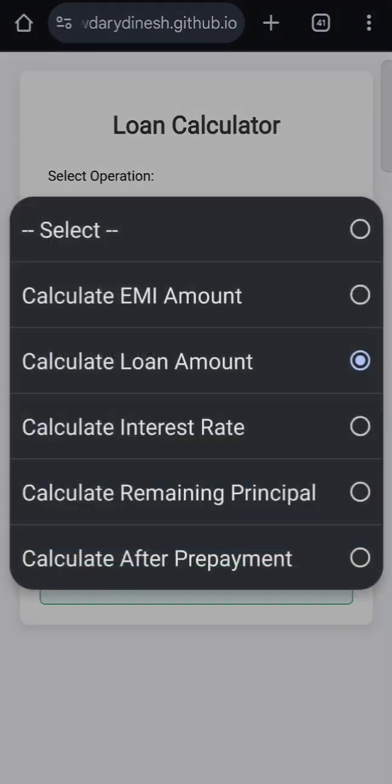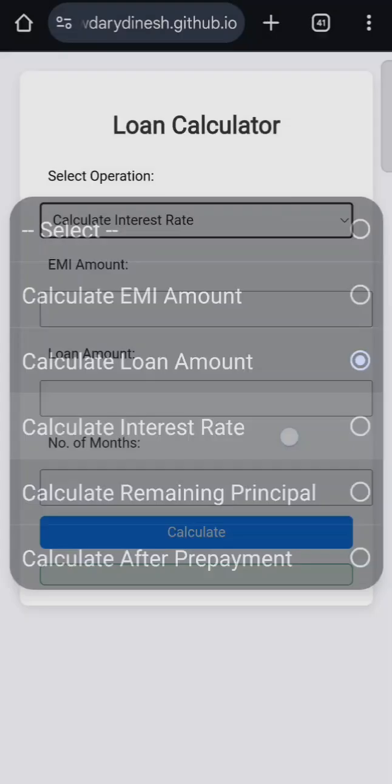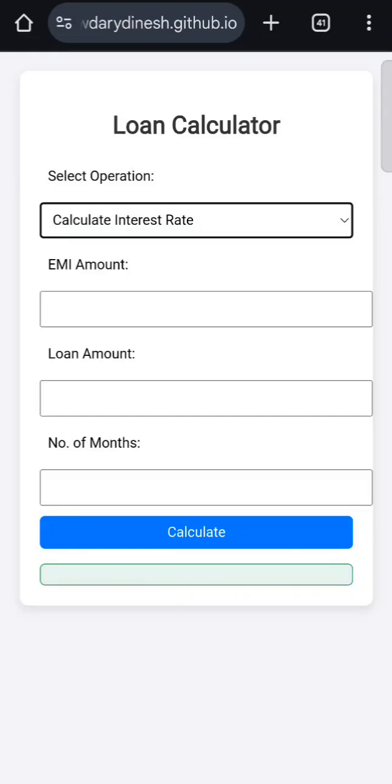The next functionality is calculate interest rate. When is this useful? Let's say a person took a loan a couple of years back, 3 years back, and he's paying an EMI of 10,000 per month.